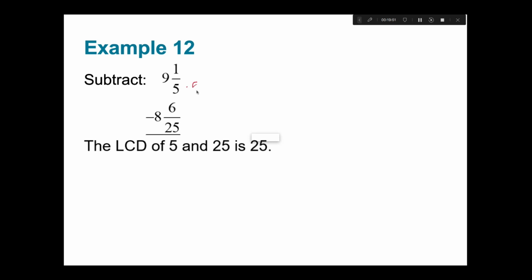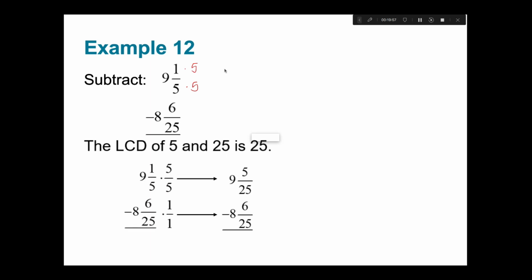And whatever I do to the bottom, I have to do to the top. Now I have 5 25ths and I'm taking away 6 25ths. Can I do that? No, because 5 is less than 6. So we have to borrow.